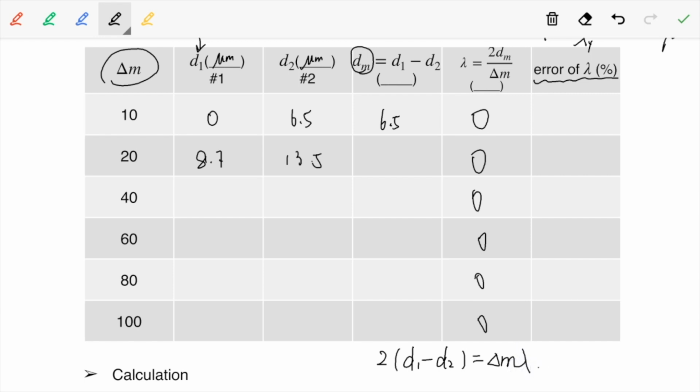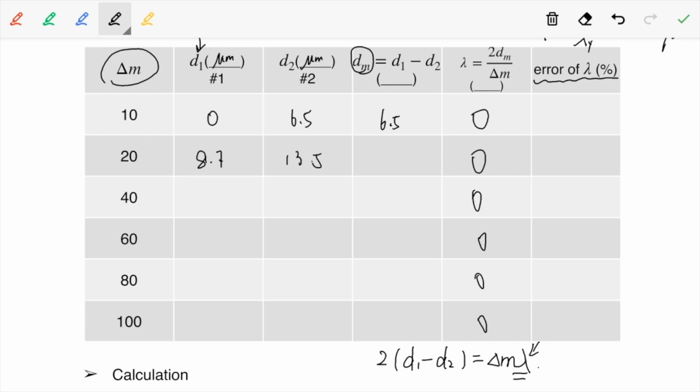So when you plot the graph, the lambda will be the slope of the graph. In this one, we don't have the uncertainty, so we don't have the error bar.